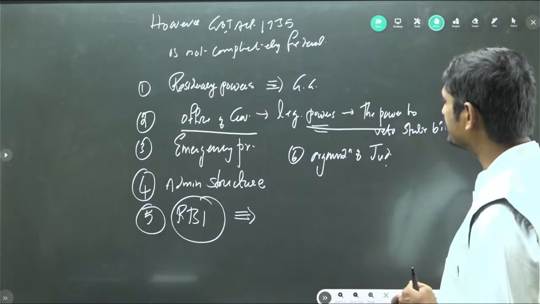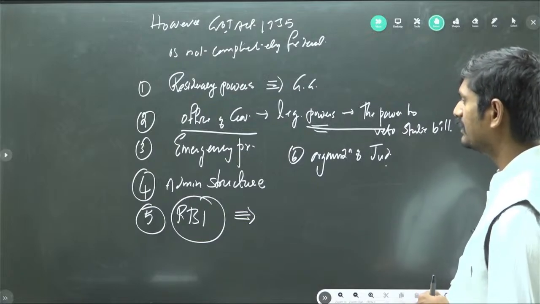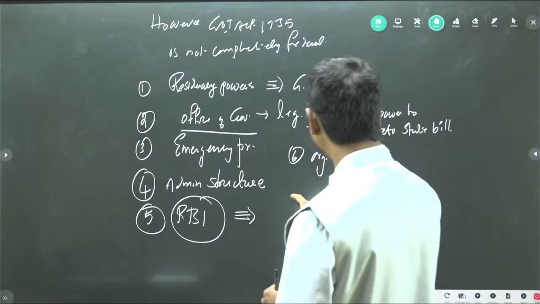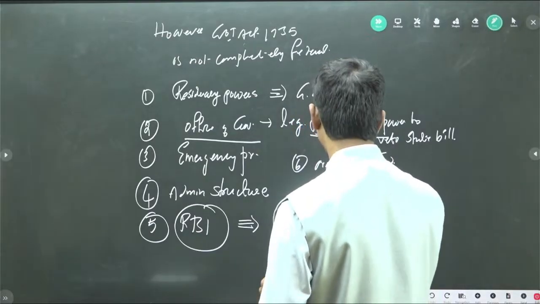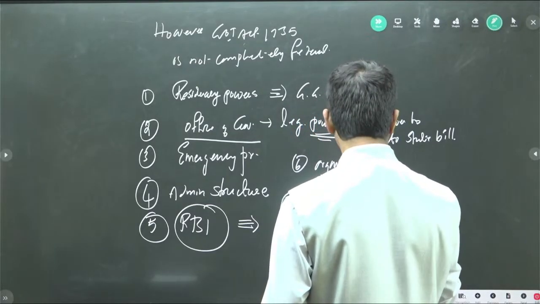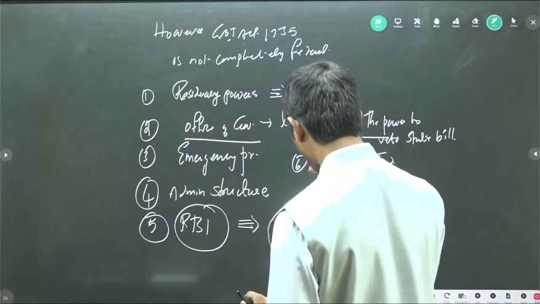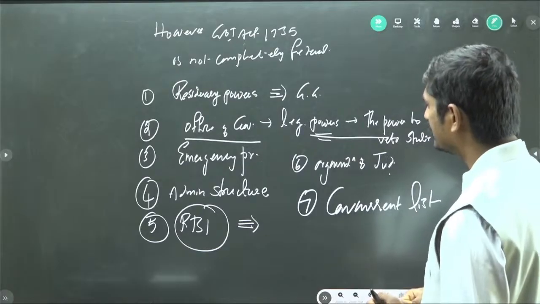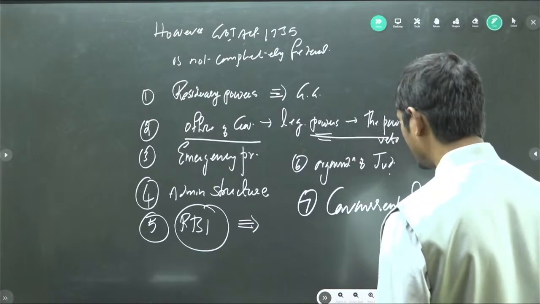But on the other hand, there are residuary powers, office of governor, and similarly we can also mention the concurrent list, administrative structure, RBI, and organization of the judiciary, right.